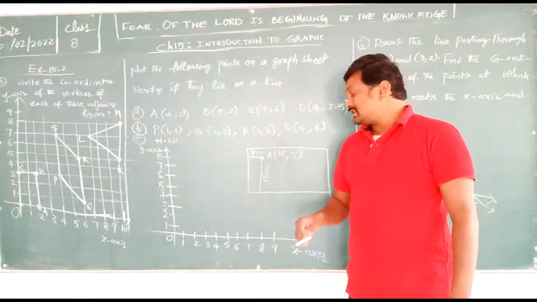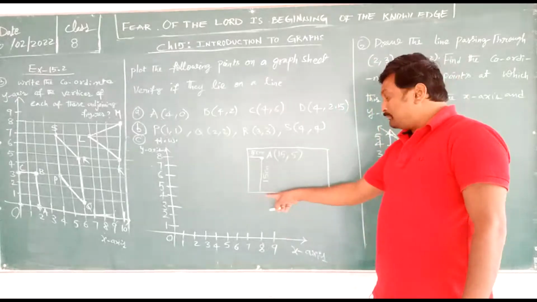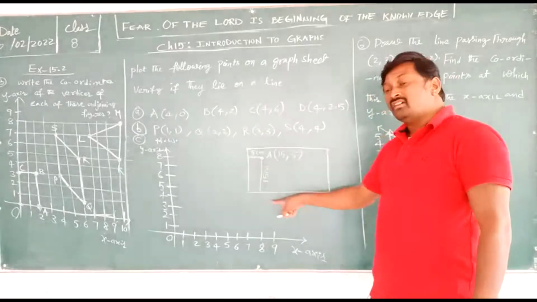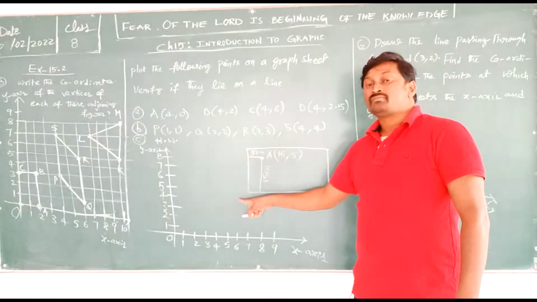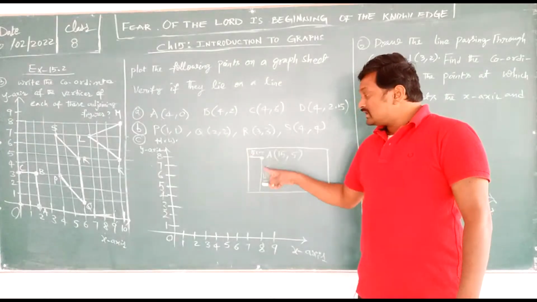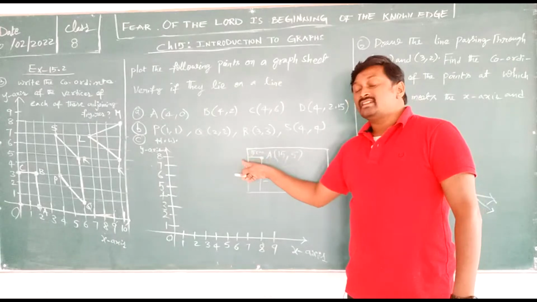Then he thought: here is a rectangle, this is the longest edge, and this is the shortest edge. He measured the longest edge to the point, and then the shortest edge to the point.